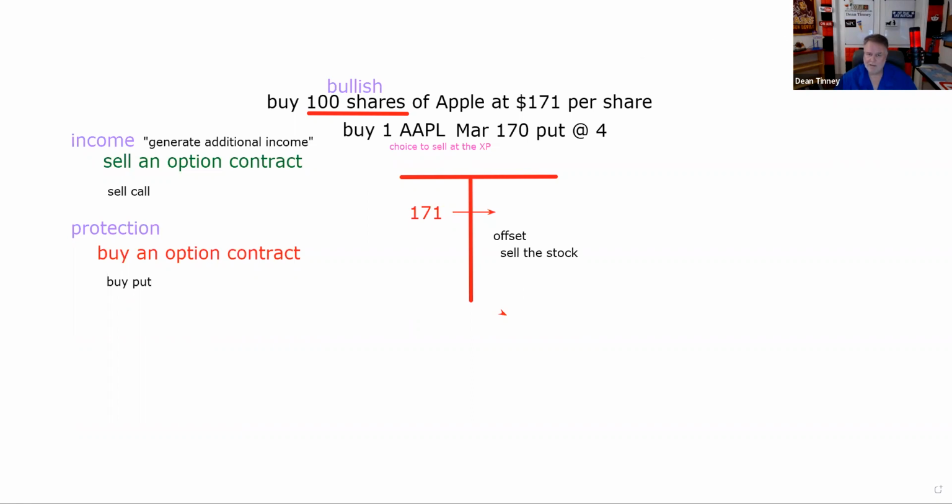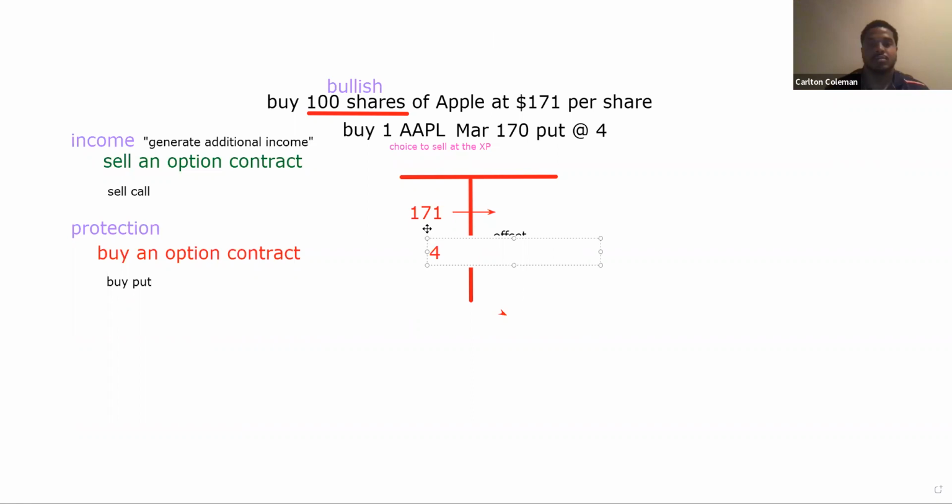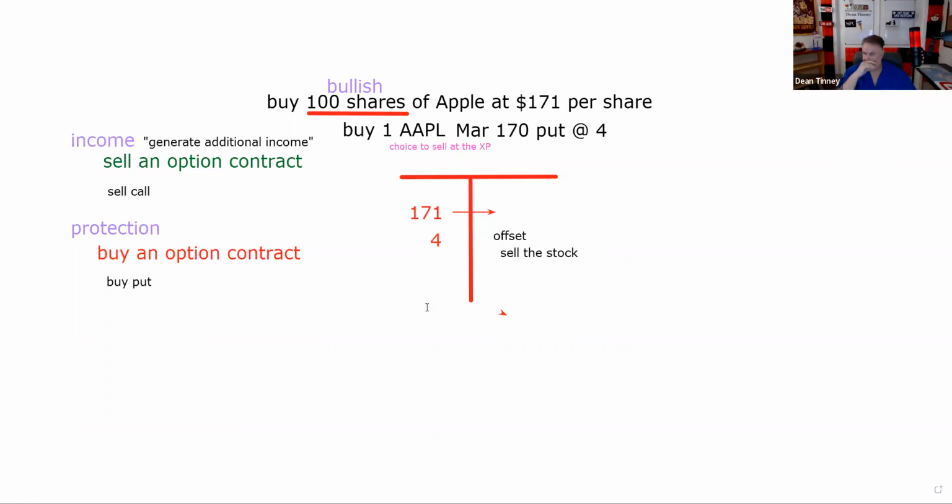This is the one time and the one time only that we have a put and we are not subtracting. And the reason we're not subtracting is because this is not a speculative long put. This is a put that's protecting a stock position. And so the break even is going to be the stock cost, what we paid for the stock, plus what we paid for the protection.